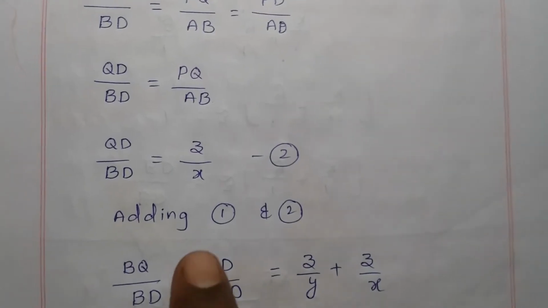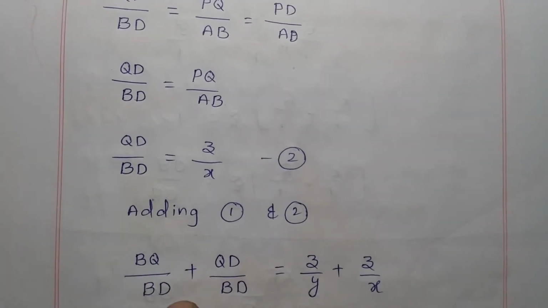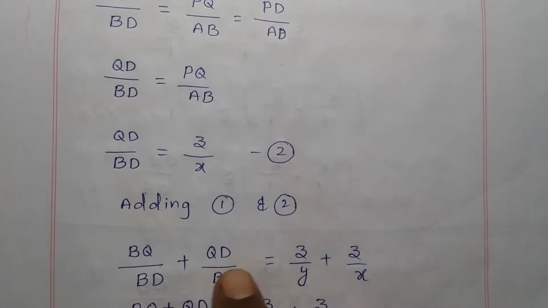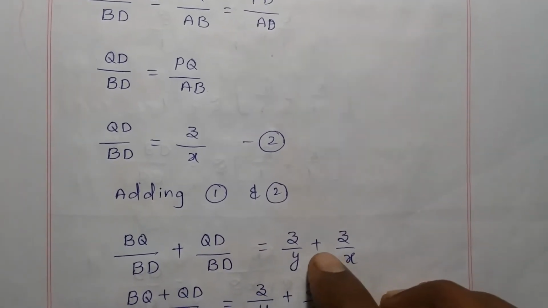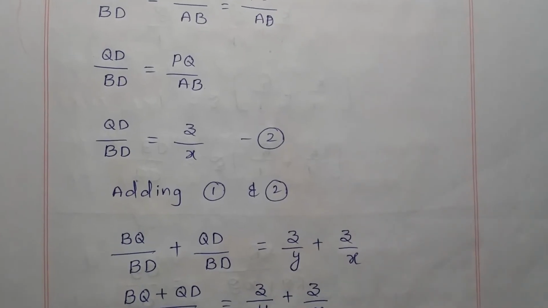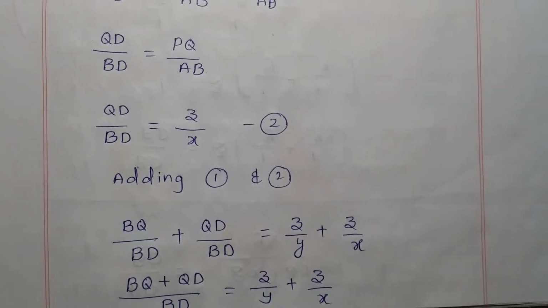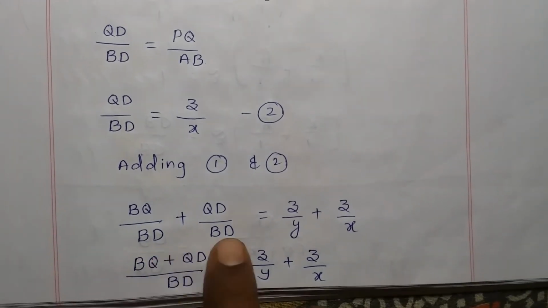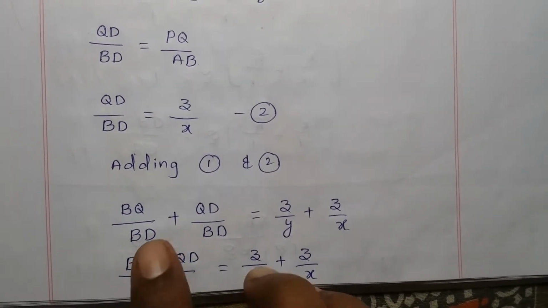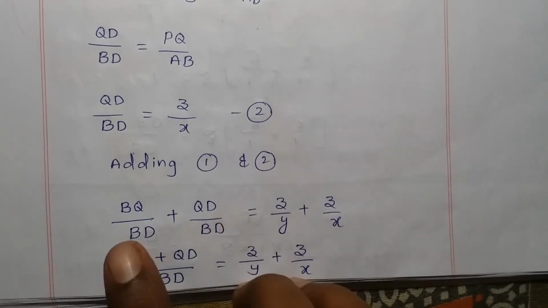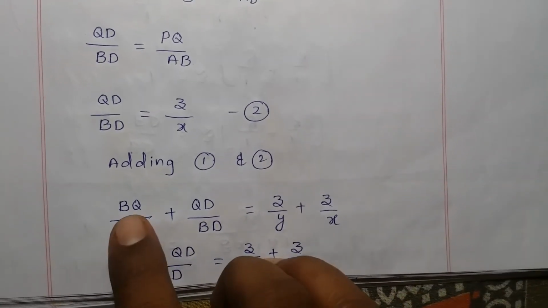Adding 1 and 2. So that is BQ by BD plus QD by BD equal to Z by Y plus Z by X. Now we take the LCM. Here LCM is nothing but BD. Both having the same denominator, directly we can do the addition of numerators.